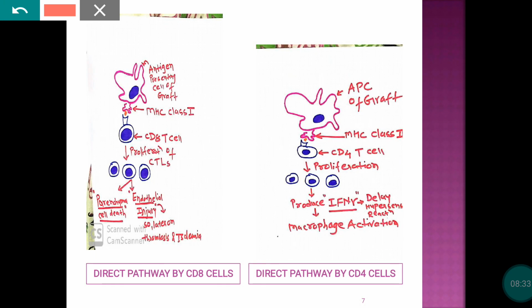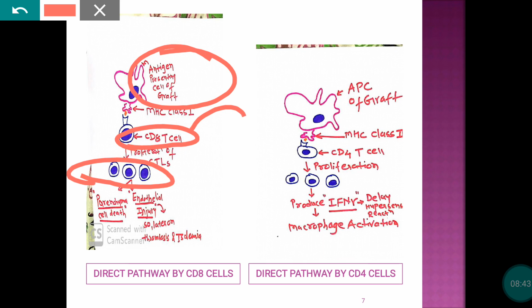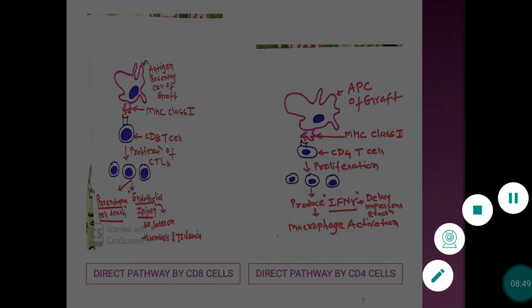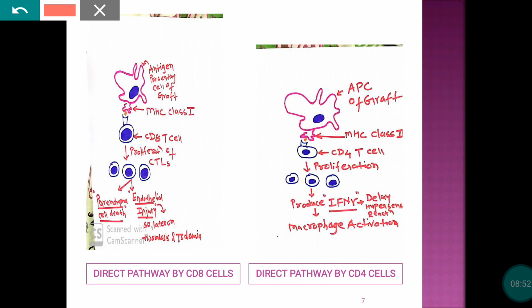Similarly, CD8 T lymphocyte also will directly recognize the antigen presenting cell of the graft, and so they will get proliferated, and CD8 T lymphocytes will get converted into cytotoxic lymphocytes. Now these cytotoxic T lymphocytes can lead to direct parenchymal cell damage. And second, this cytotoxic T lymphocyte can lead to endothelial injury.